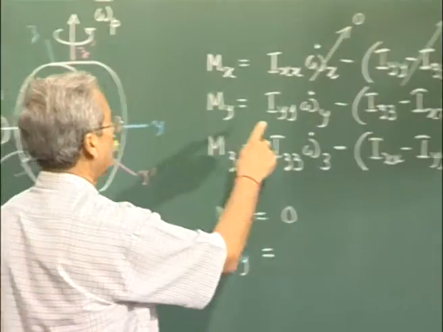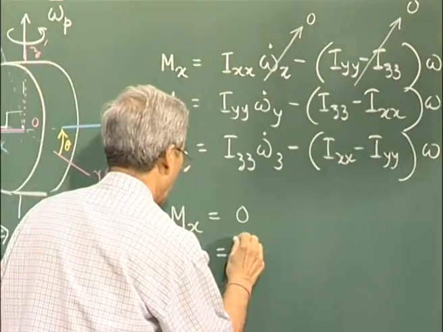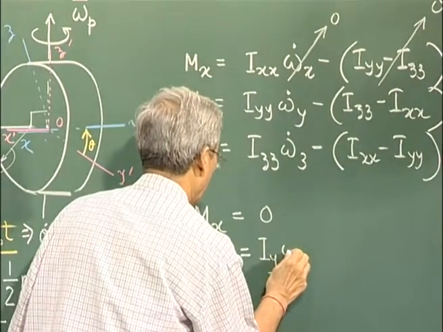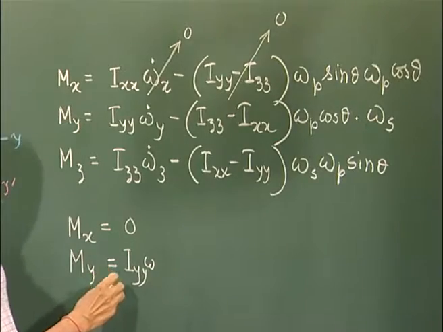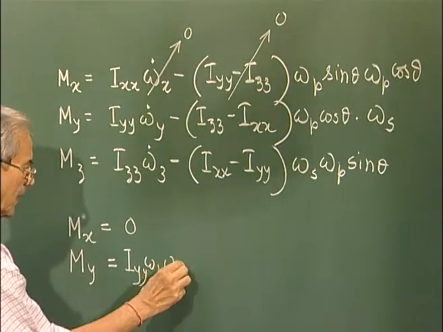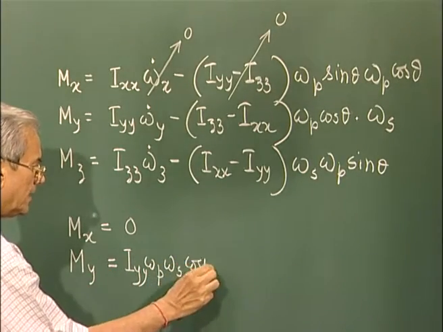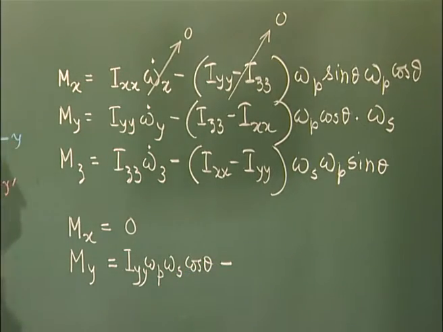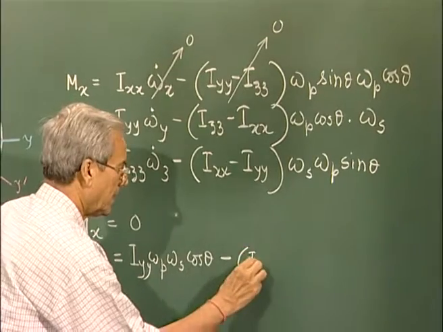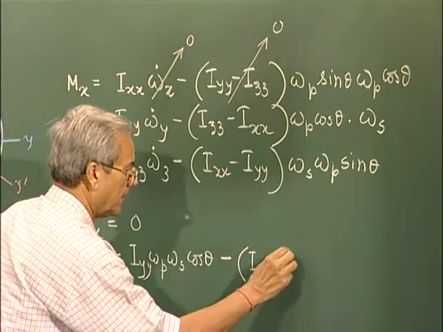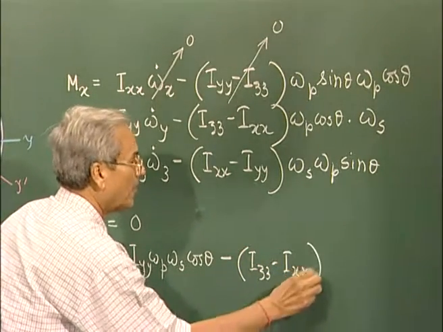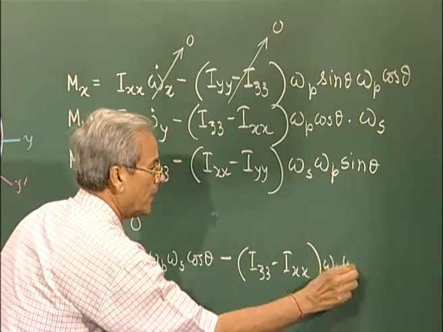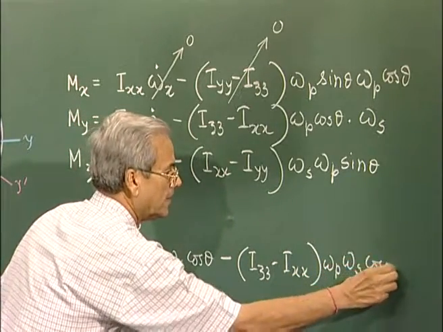So, this we can write I y y omega p omega s cosine theta minus I z z I x omega p omega s cosine theta.